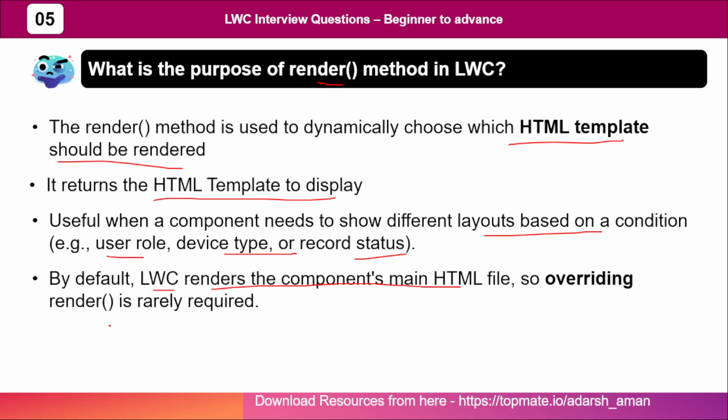Based on the logic, whichever template we are using in render will override the main LWC HTML file. But in a real practical example, you will not require render anywhere, because you can use a child component to display a different page or component based on conditional logic, right? So it is rarely used, but for interview perspective, you should have knowledge of what the render method is.